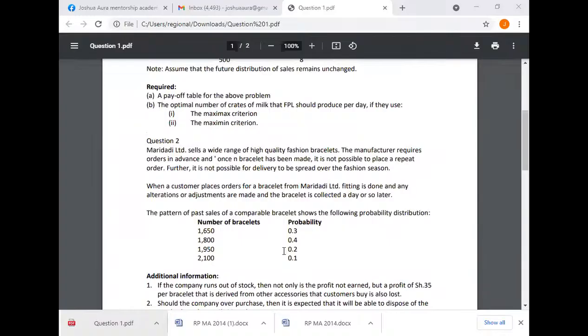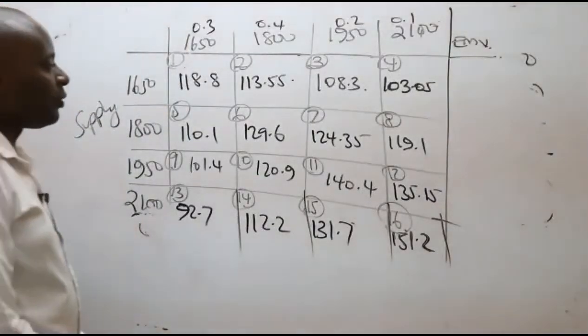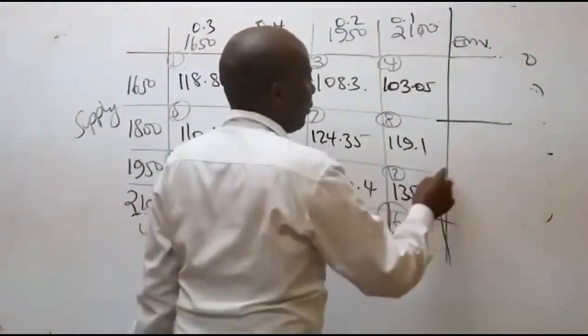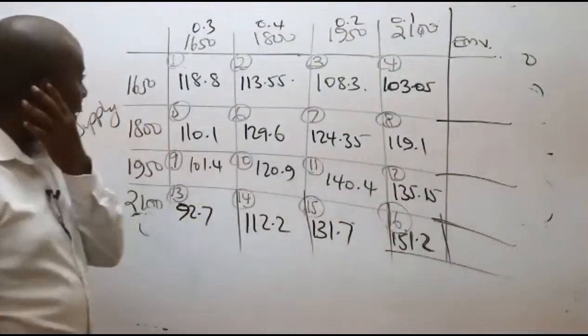So we have here 0.3, we have 0.4, we have 0.2, we have 0.1. So come here and give me expected monetary values. Kindly give us those figures very fast.